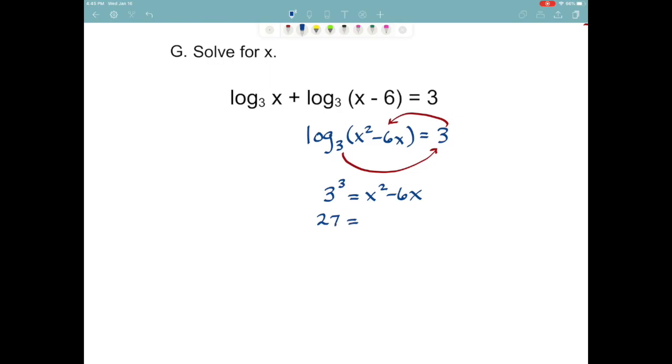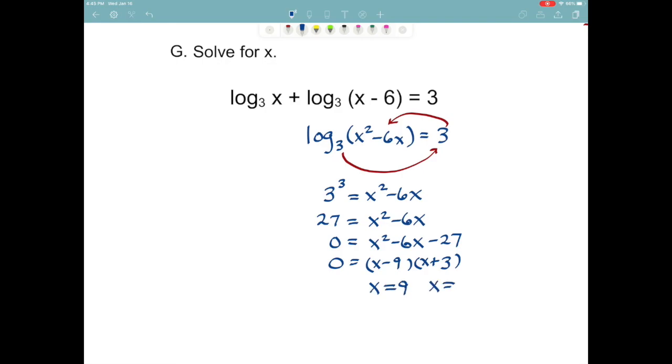This is going to be 27. We'll set it equal to 0. We'll factor it. And then we'll apply the zero product property to get that x equals 9 or x equals negative 3.